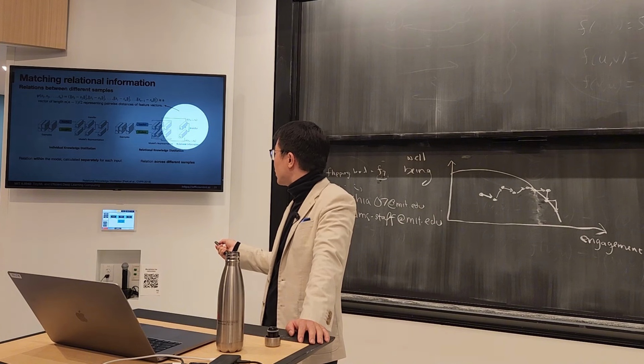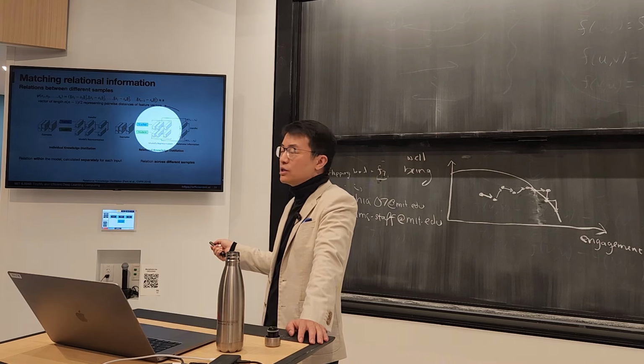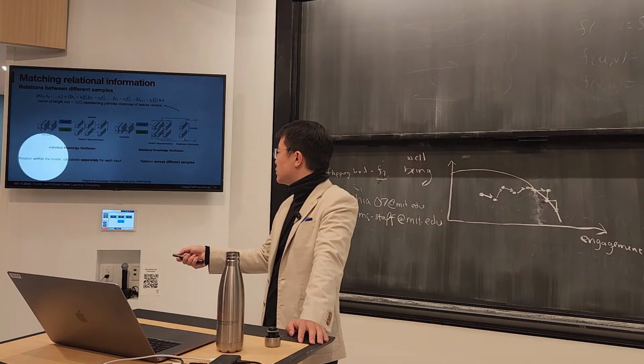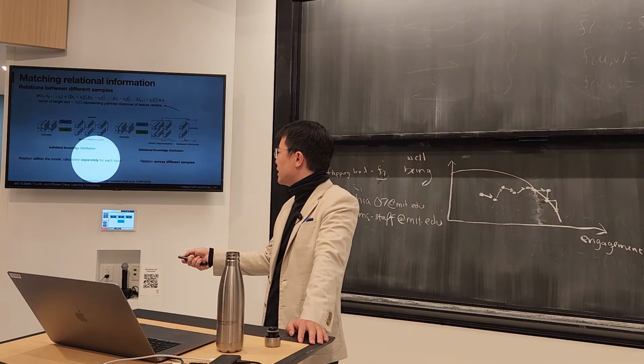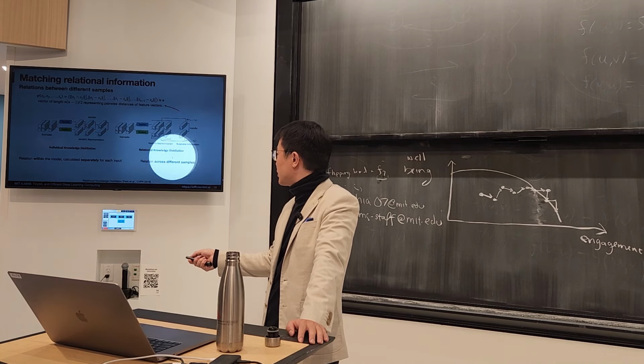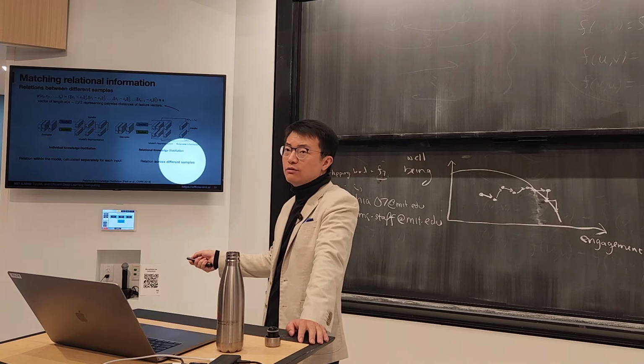So we have to calculate, given a tensor, the distance with all the previous input samples. So that's the difference between the relation within the model calculated separately for each input versus calculating the relation across different input samples.